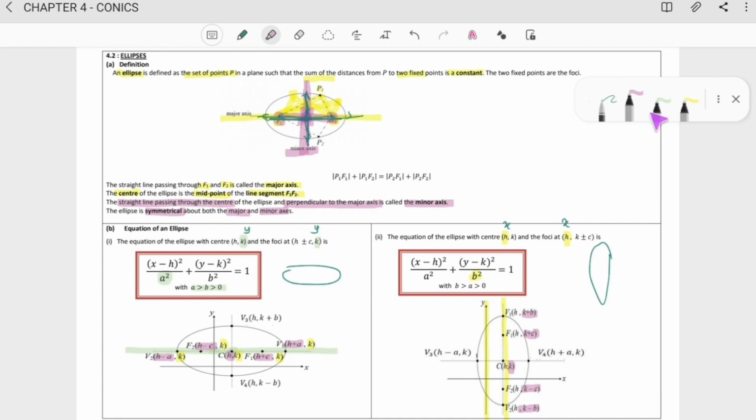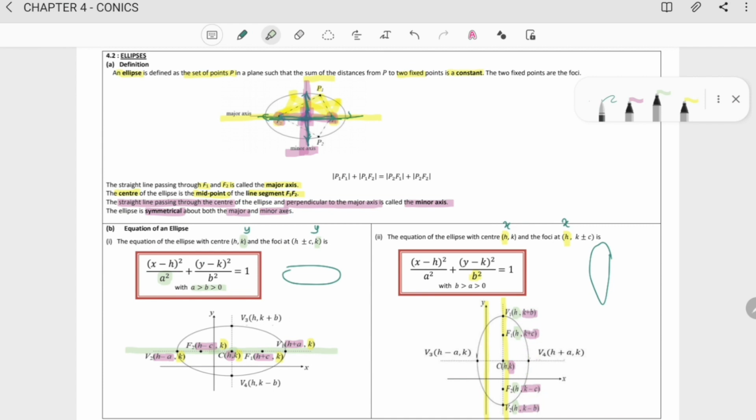Take note of the X coordinate: it's the same for the foci, the center, and the vertices. The foci are only on the major axis. That's the formula we have.